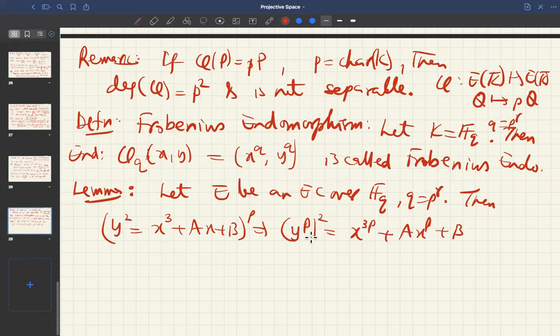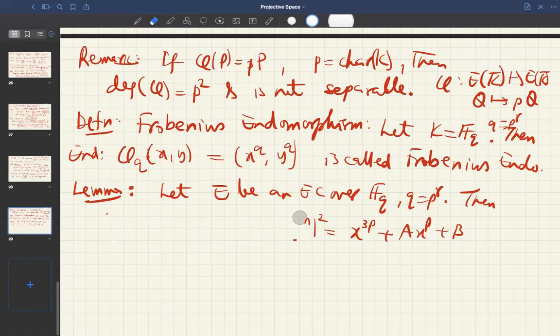Then you take one more p-th power, and you keep on taking powers of p until you come to q. The next gives x^(3p²) plus a x^(p²) plus b, and so by induction you can do that. Is that okay?